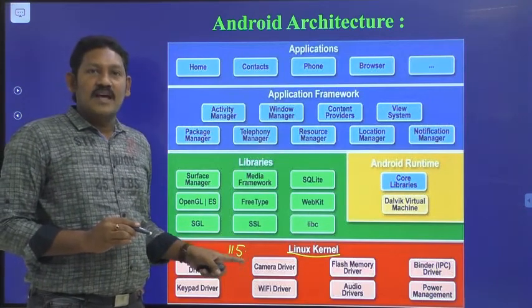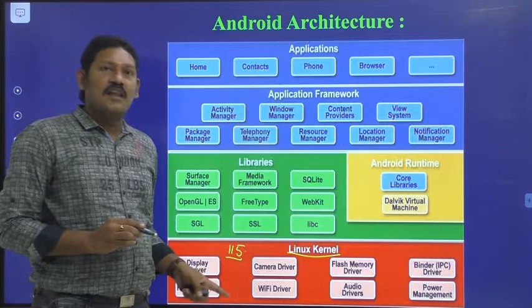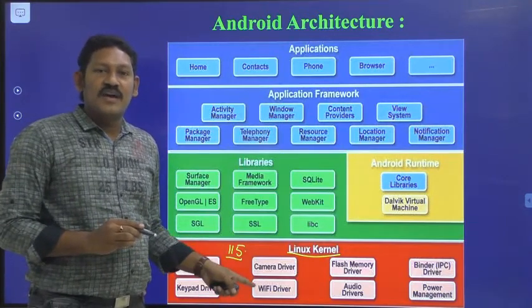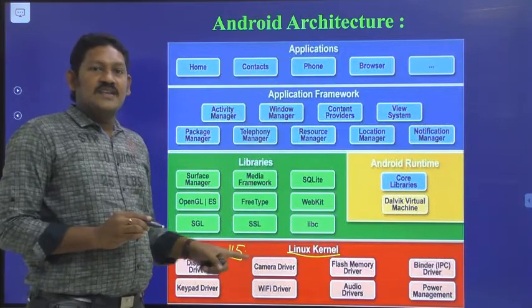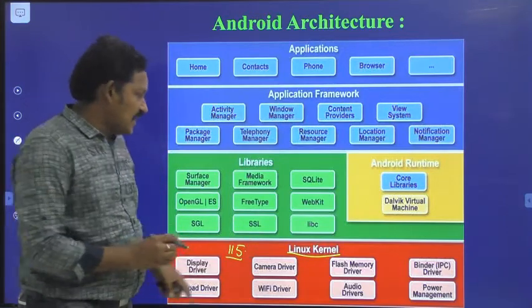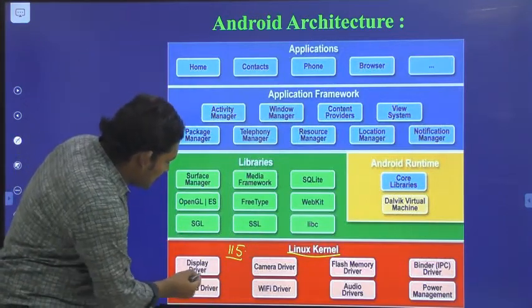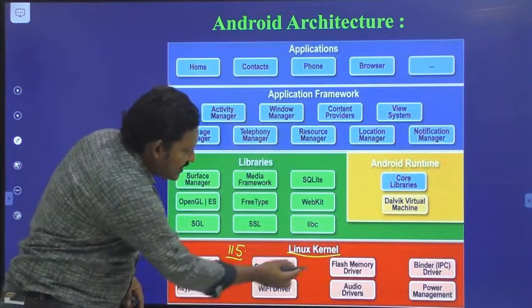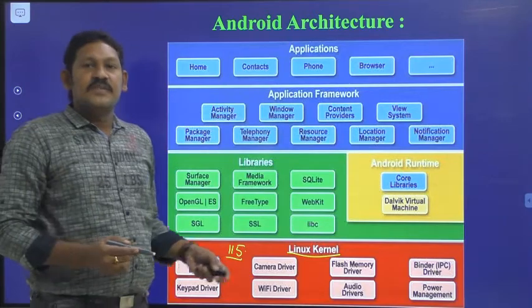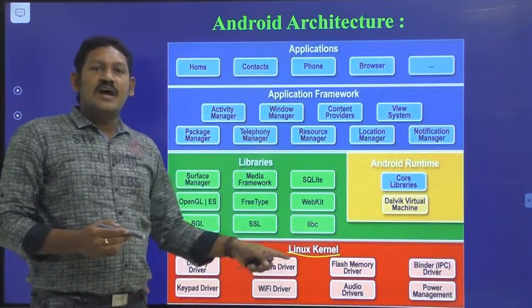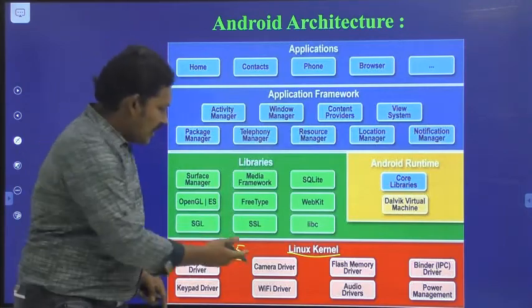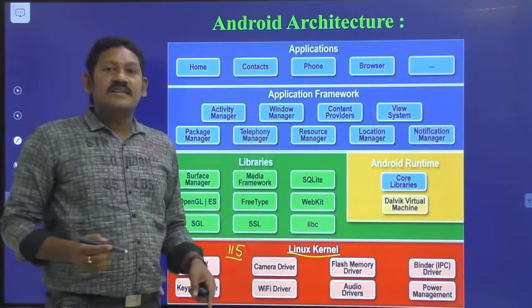This Linux kernel provides a level of abstraction between the device hardware and it contains all the essential hardware drivers, like display drivers, keyboard drivers, keypad drivers, camera driver, Wi-Fi driver, etc.